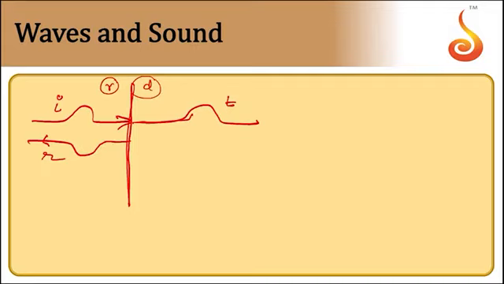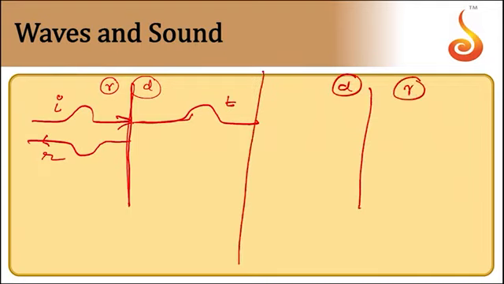Suppose the wave travels from denser to rarer. Let's see what happens. If that is the case, the wave is incident like this, and the reflected wave does not undergo any inversion. So this is the reflected wave, while the transmitted wave goes without any change.